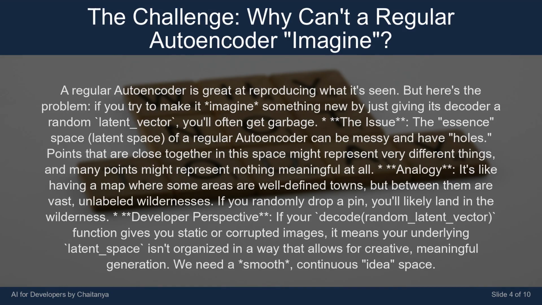But here's the problem. If you try to make it imagine something new by just giving its decoder a random latent_vector, you'll often get garbage. The issue: the essence space, latent space, of a regular autoencoder can be messy and have holes.